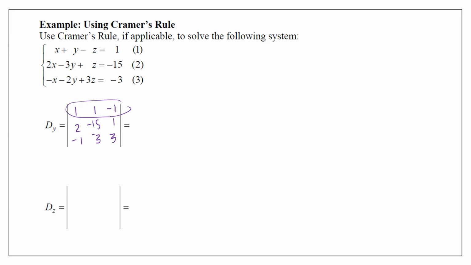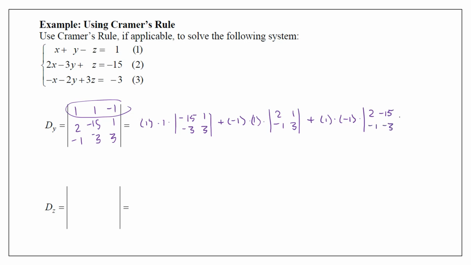Starting off with 1 times the entry times its minor, negative 15, negative 3, 1, and 3, plus negative 1 times its entry, 1, times its minor, 2, negative 1, 1, 3, plus 1 times negative 1 times its minor, 2, negative 15, negative 1, and negative 3.